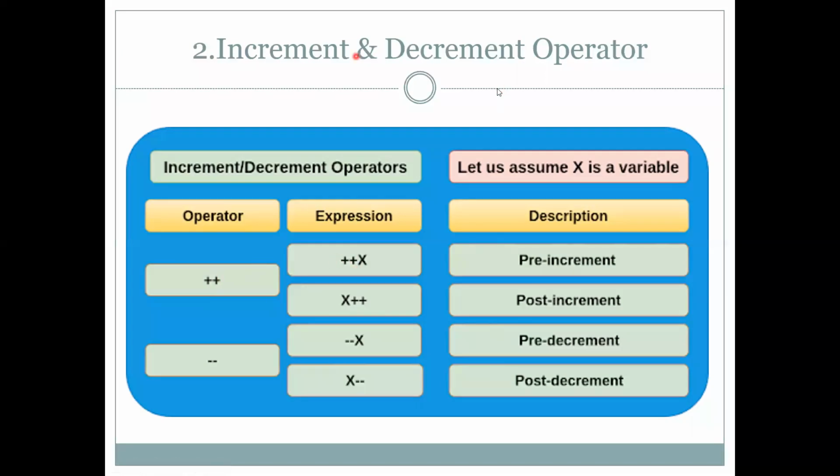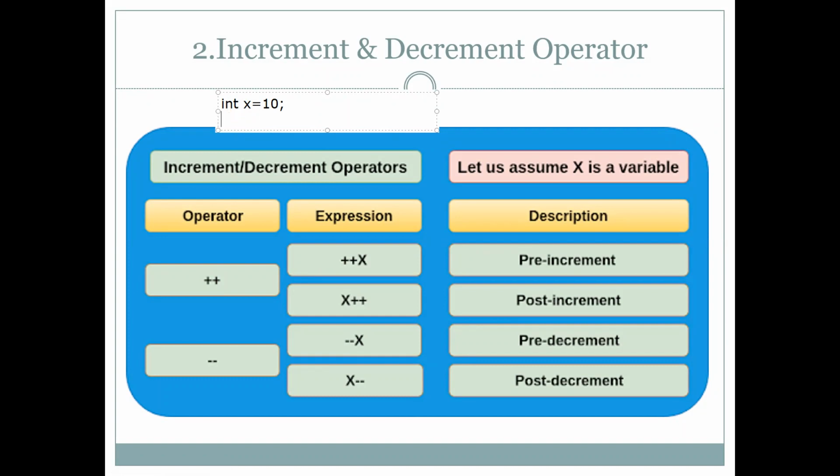Suppose my variable x has a value: integer x is equal to 10. If I write x plus plus, the value of x becomes 11. If I write x minus minus, it decreases the value of x by 1, so x becomes 9.